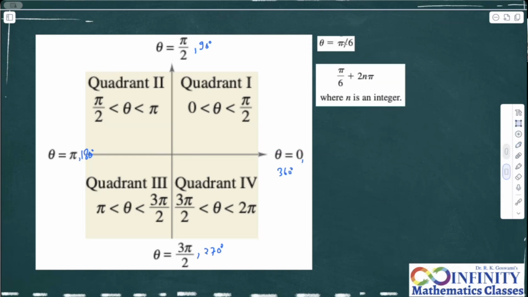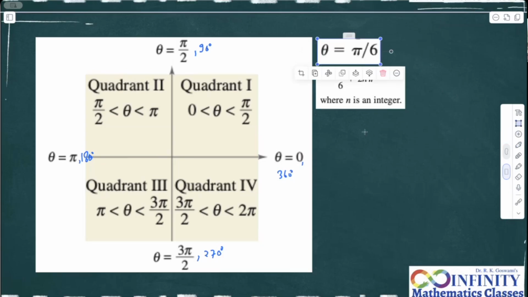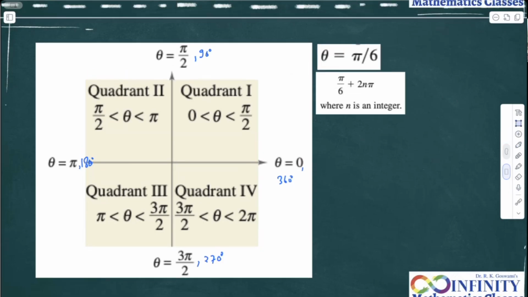Perfectly okay. I have no issues with it. There is another angle, pi by 6 plus 2n pi. Where will it fall? Just consider n to be 1. Perfectly okay.